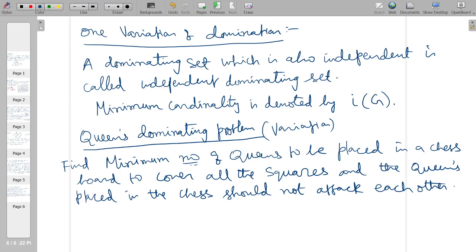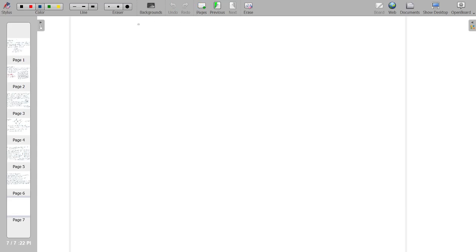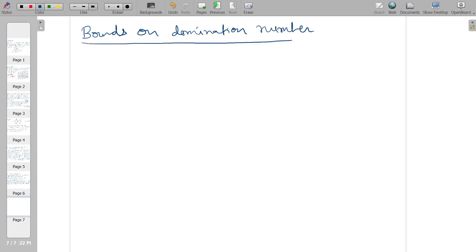Okay, so now slowly we will move to the next topic called bounds on domination number. That is, what will be the minimum value that the domination number can take, and what could be the maximum number that a domination number will take.